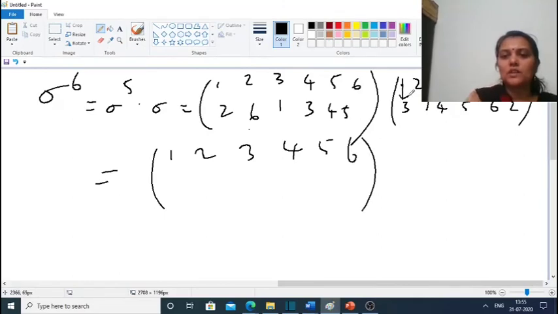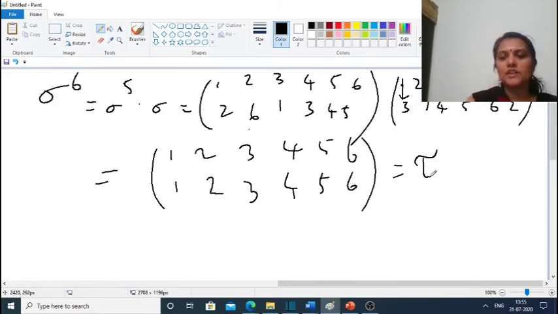Now 1 goes to 3, 3 goes to 1, 2 goes to 1, 1 goes to 2, 3 goes to 4, 4 goes to 3, 4 goes to 5, 5 goes to 4, 5 goes to 6, 6 goes to 5, 6 goes to 2, 2 goes to 6, which is the identity permutation.